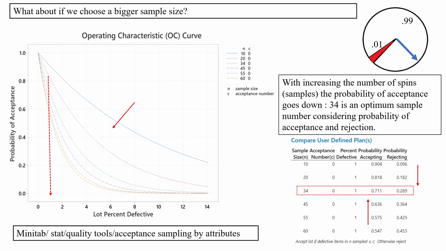But you can see that when you start going to 34 and above, the curves on the left get closer to each other. So 34 is kind of an optimum number, considering the number of samples that you have to test, and that's how that 34 sample size has been established.